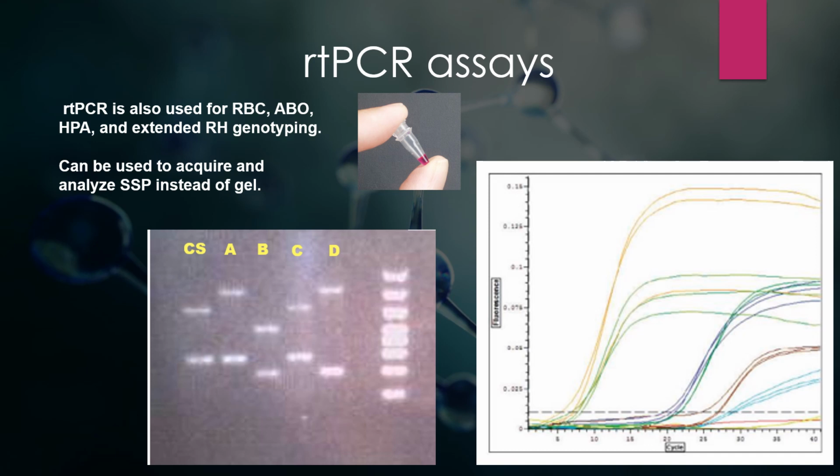So you might have well 1 is JKA, well 2 is JKB. So over here, each color would be your different well. Down here will be your cycle, and then over here will be your fluorescence. And then you have a cutoff value. So once it goes past the cutoff value, you can determine that that well is positive for that SNP.